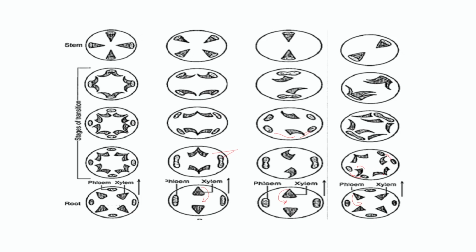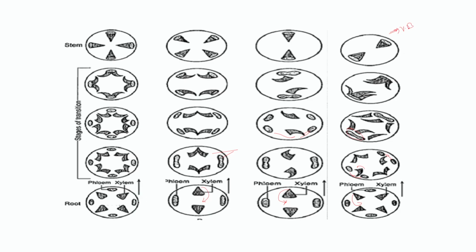One from each bifurcated one, and this one which is not bifurcated, they will go and join with the 1 phloem patch. That means 2 phloem patches are joining, making 1 phloem patch, and out of the 6 xylem patches, 3 are joining with each phloem, and finally you are getting 2 vascular bundles.